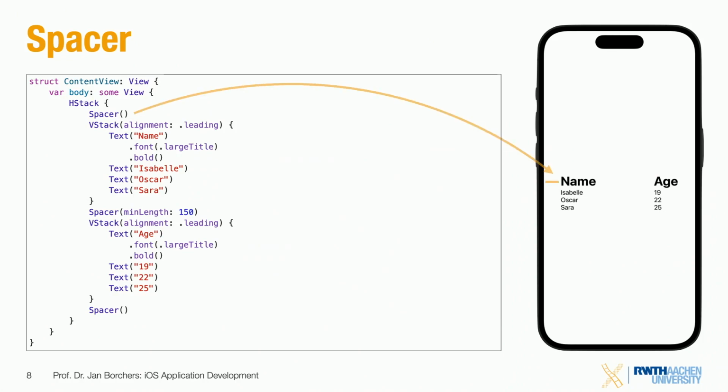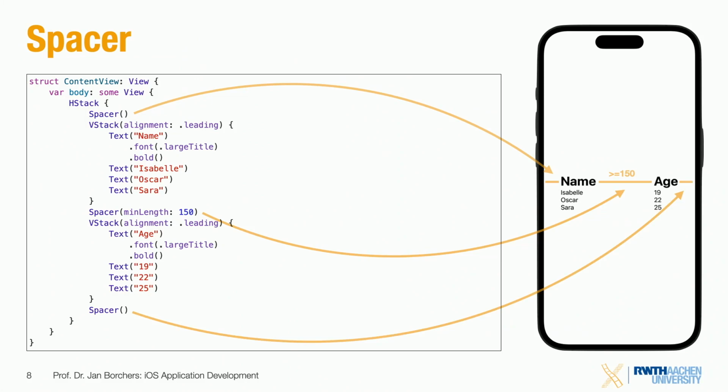So this is the first spacer that's being used here. This is the second one. This has a minimum length of 150 pixels, or pixels in the iOS sense. And then we have the last one here. So as you can see, apart from this one demanding at least 150, these two divided up their space equally between them.